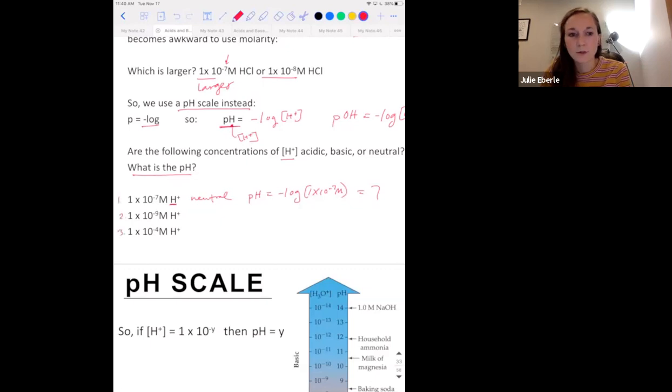Is it acidic, basic, or neutral? Basic. The concentration of H+ is less than 1 × 10⁻⁷. What's the pH? You should have done negative log of 1 × 10⁻⁹, and you all got a pH of 9. What about the last one, number 3? Allison says acidic. And your pH equals what? You're all getting the same thing. Good, 1 × 10⁻⁴. Anybody notice a trend here?